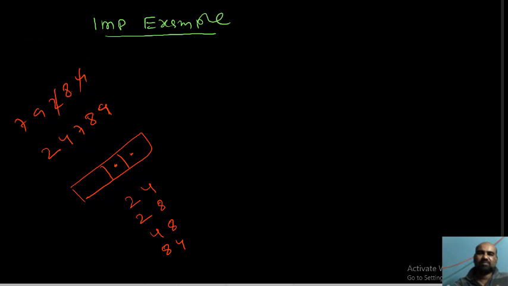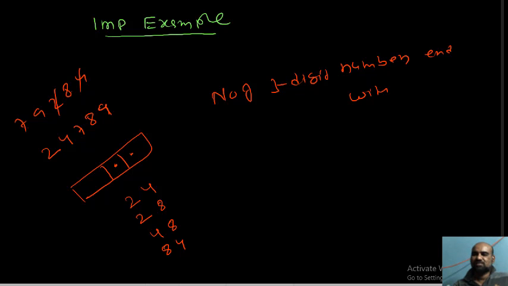How to write the steps? Number of 3 digit numbers that end with 24. See here students, the blanks. Last 2 blanks should be filled with 2, 4 only. So we just need to fill this blank.